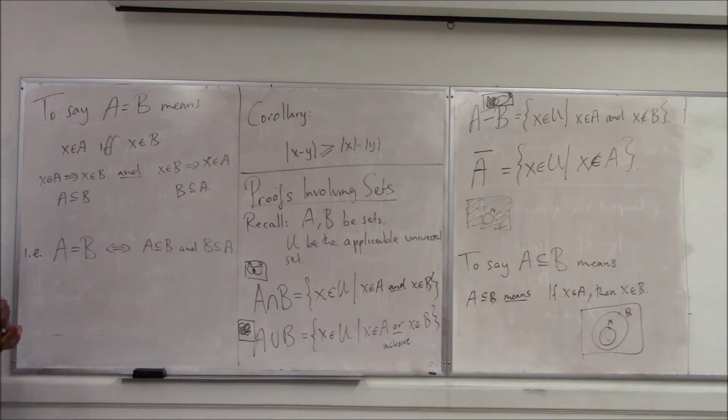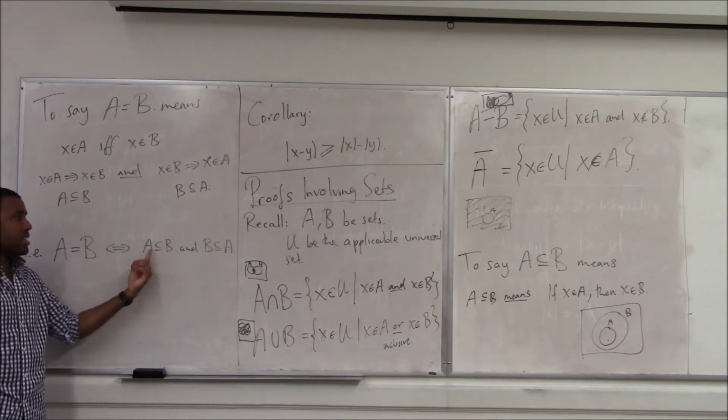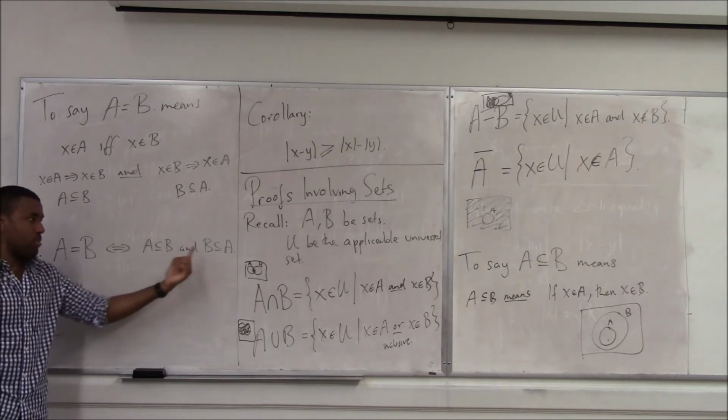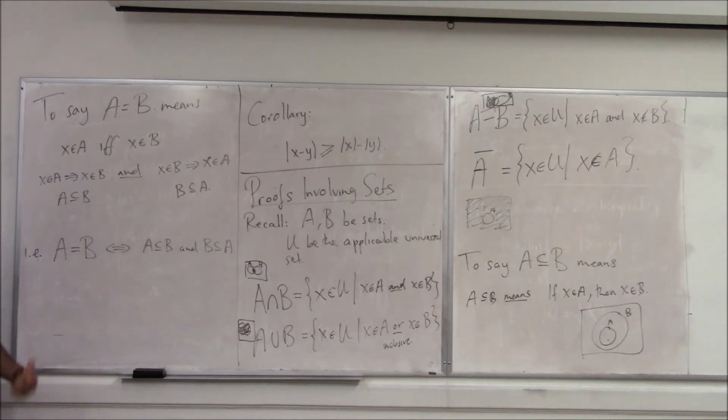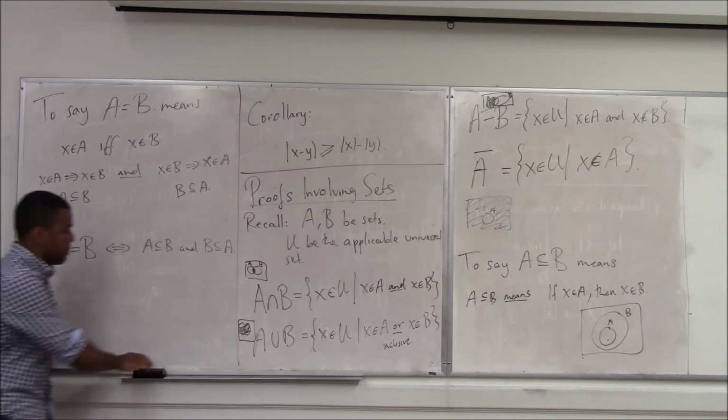Show that they are subsets of each other, meaning they have precisely the same elements. If you know something is in A, it's automatically in B, and vice versa. If you know it's in B, it's automatically in A. It will be in both at precisely the same time, and it will be in neither at precisely the same time.